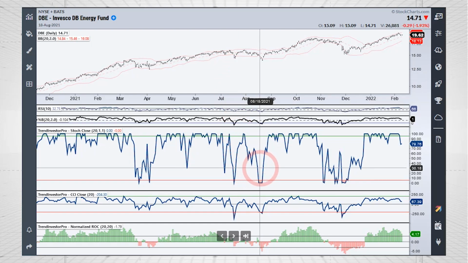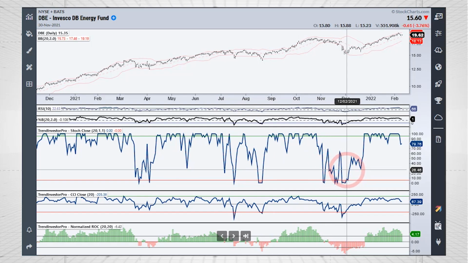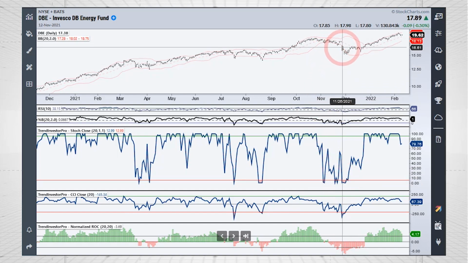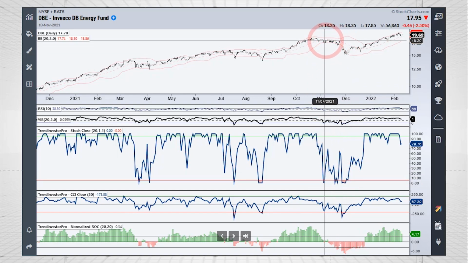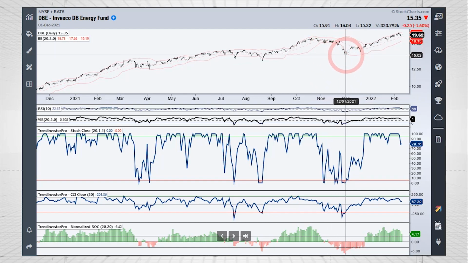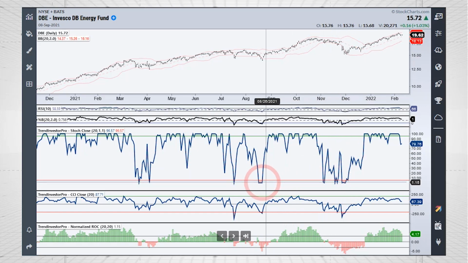And here in August, below 5. And in November and into early December, below 5. So a lot of oversold readings there in November, December as DBE fell. And you can see it kind of fell down that lower Bollinger Band and kind of hugged the band on the way down. But we were getting some oversold readings in StochClose as well.